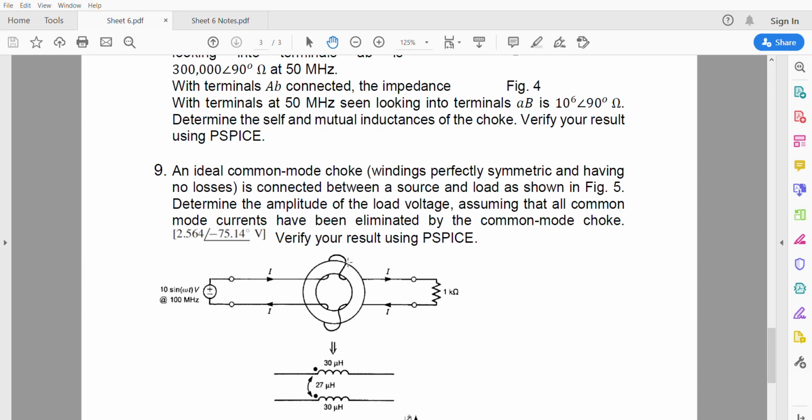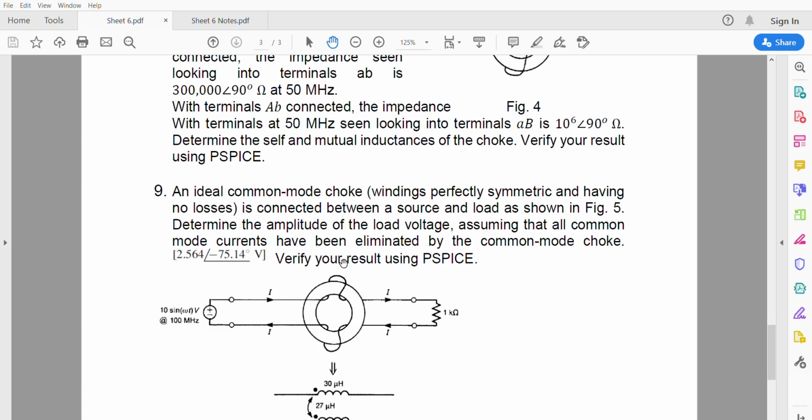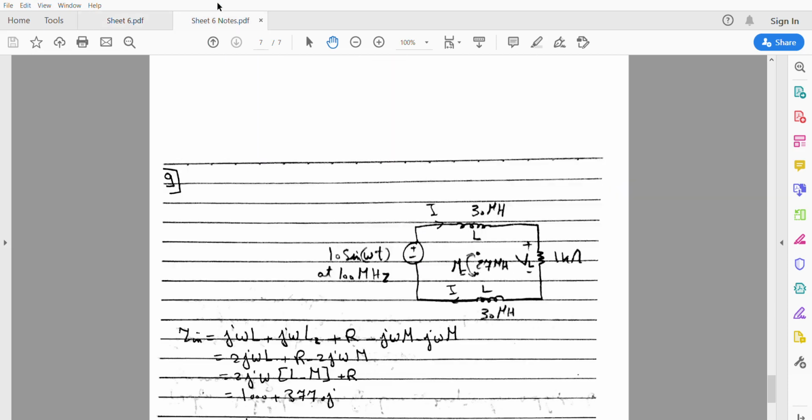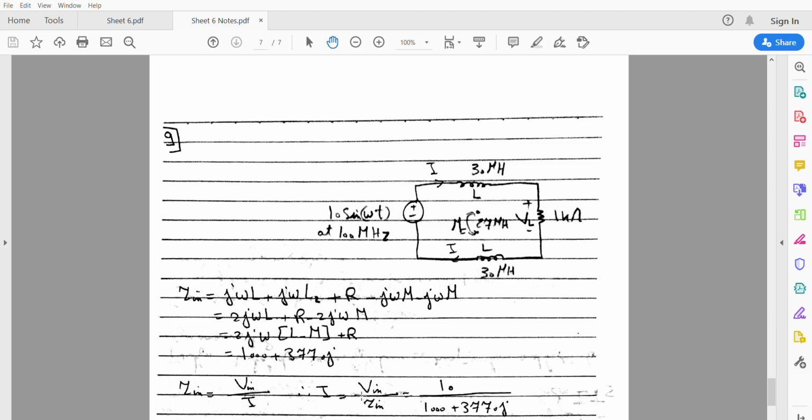By following the same procedures, we found that the directions of the flux will be opposite to each other, so we write minus j omega M for the first one and minus j omega M for the second one. So we got the value of input impedance equal to 1000 plus 3770 j.